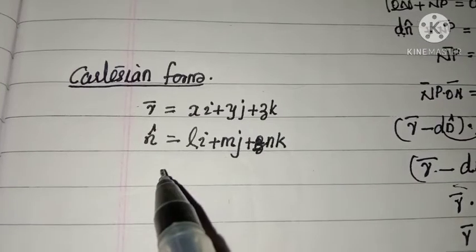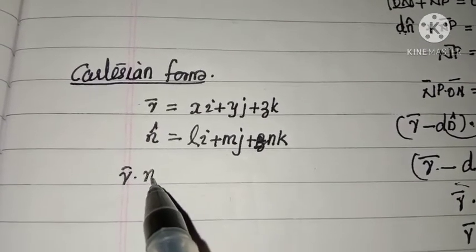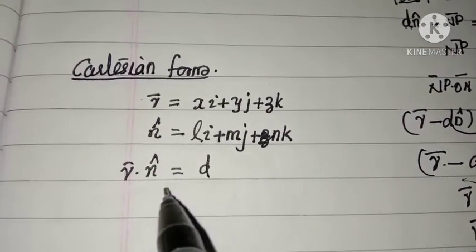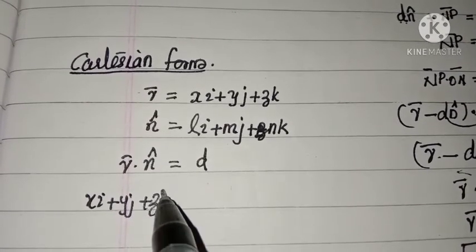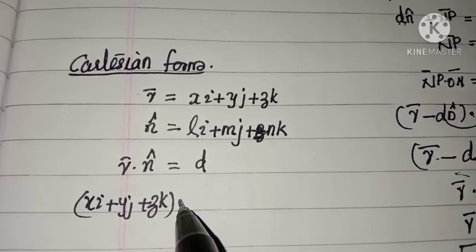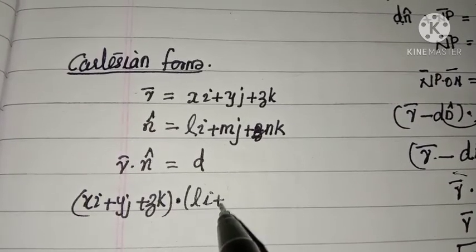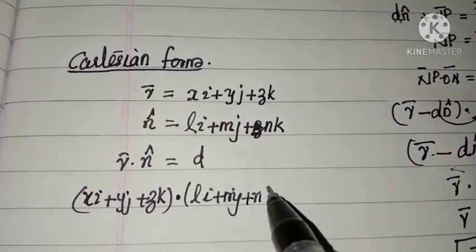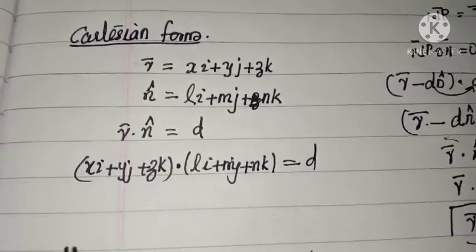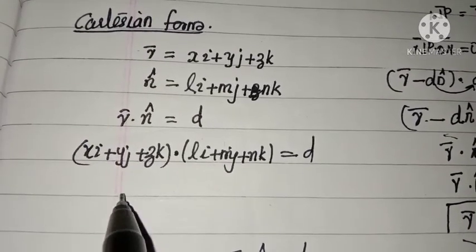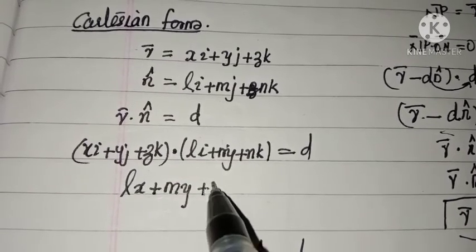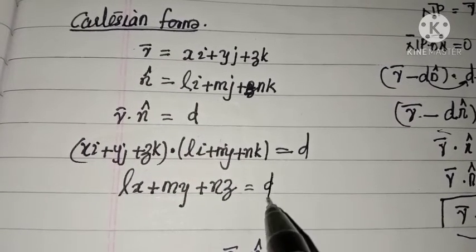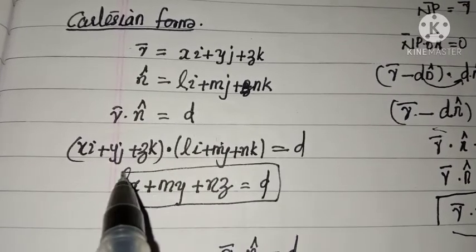So the vector equation r dot n is equal to d becomes (xi plus yj plus zk) dot (li plus mj plus nk) is equal to d, which, taking the dot product, gives lx plus my plus nz is equal to d. So this is the Cartesian form.